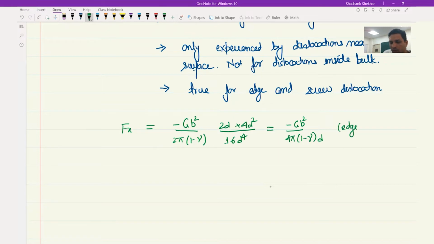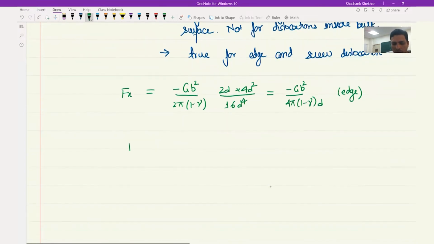This is for edge, and if you were to calculate it for a screw dislocation, then obviously the 1 minus nu term would not be there, and this will turn out to be minus G b squared by 4 pi d.